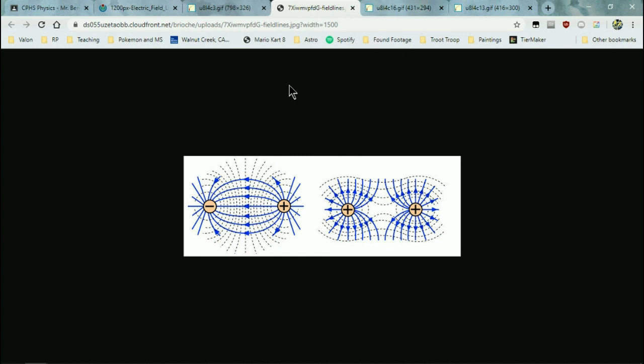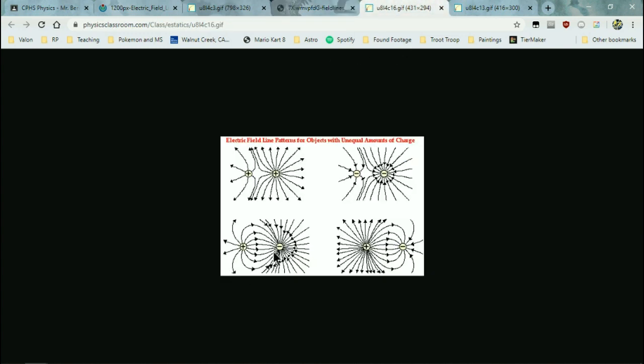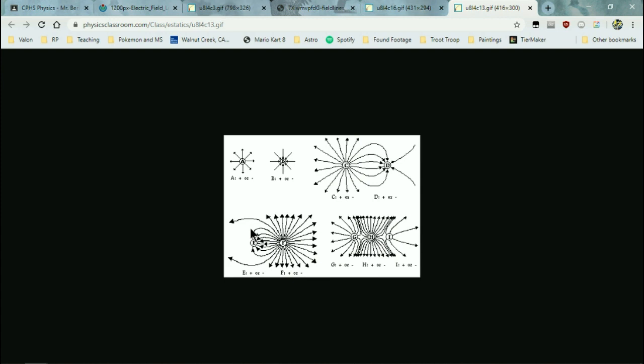Okay, and so far this seems pretty basic, but go back to an example like this over here, where if I told you, what if I have a charge right here, which way is it going to go? If it's a positive charge, you could think, well, it's going to be pulled in towards the negative charge. But wait, this really strong positive charge over here, maybe that overpowers it and pushes it to the left.